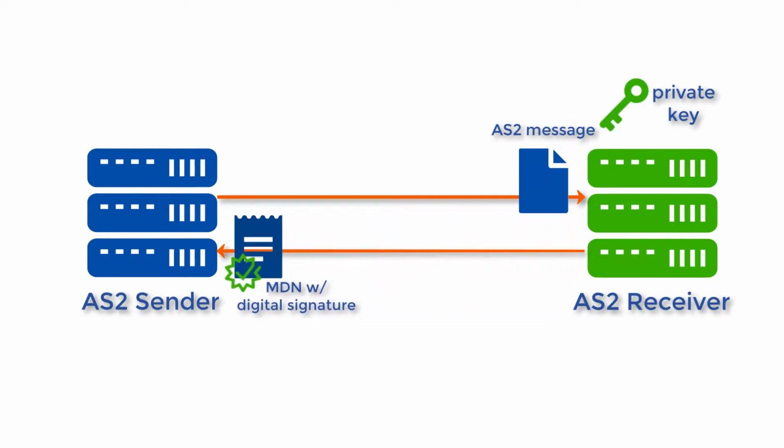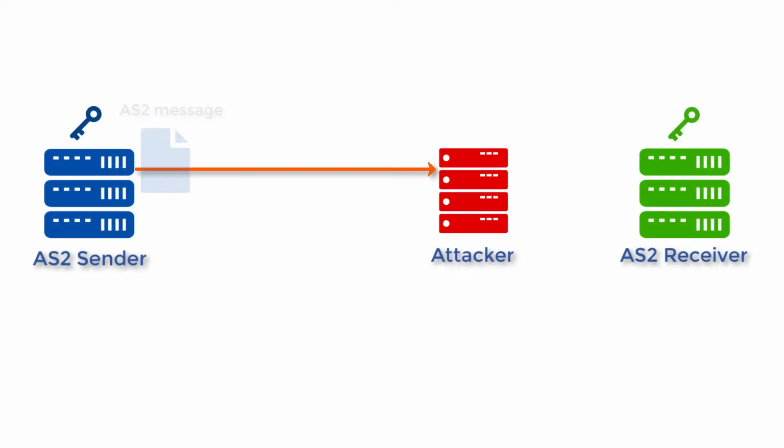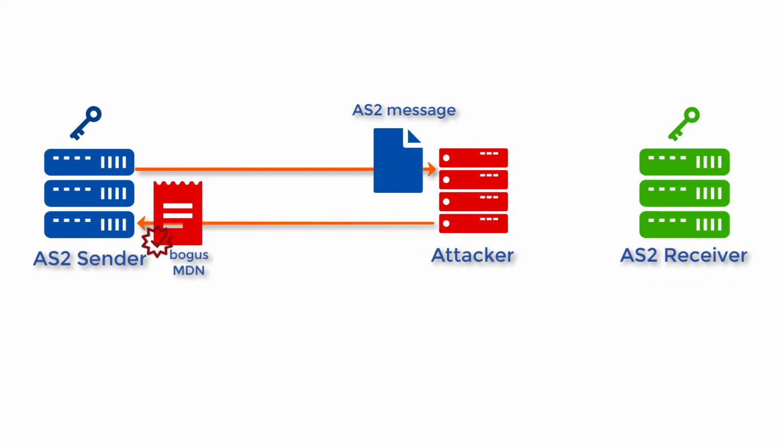And then upon receiving the MDN, the AS2 sender, who presumably has a copy of that private key's corresponding public key, can then verify the authenticity of the source of that MDN receipt. If the digital signature is proven to come from the intended AS2 receiver, the MDN receipt can be considered valid.